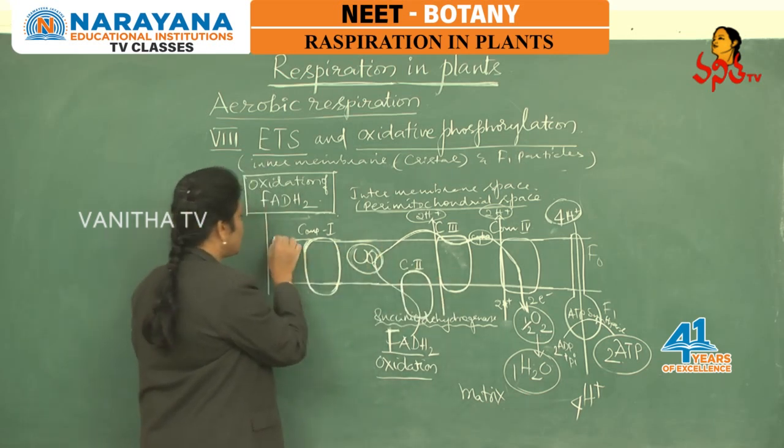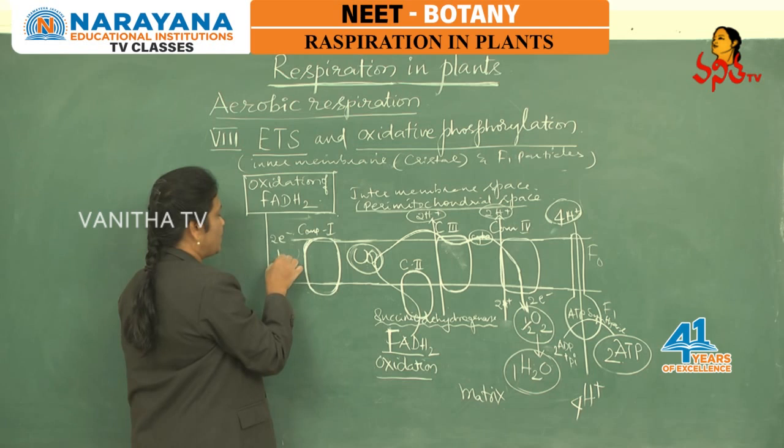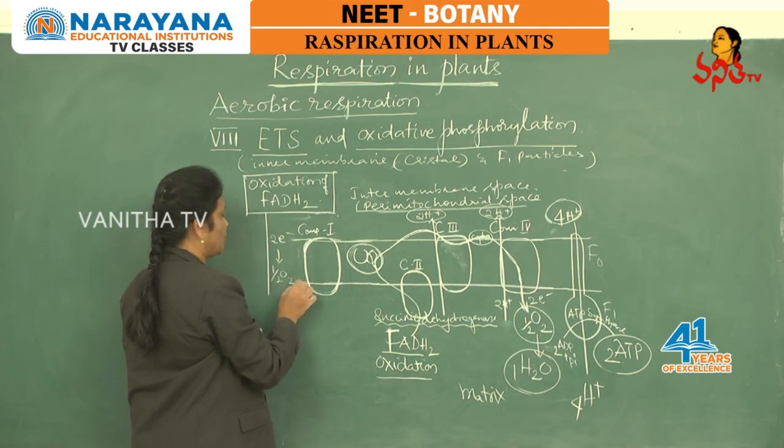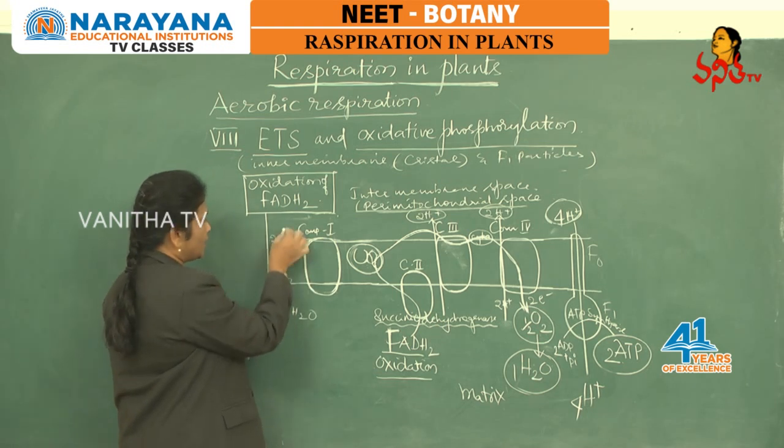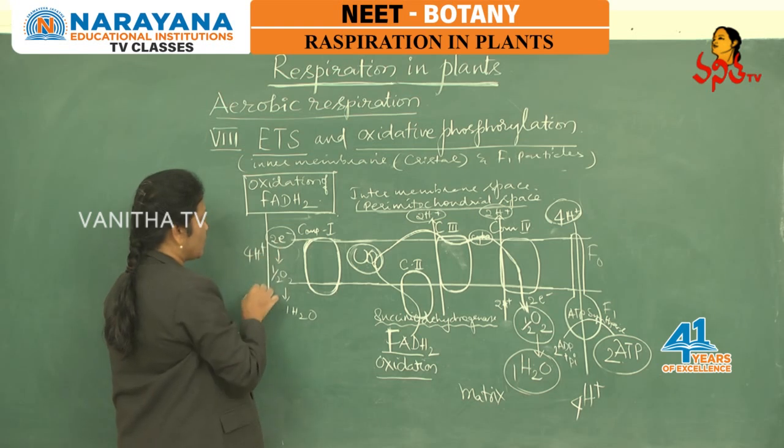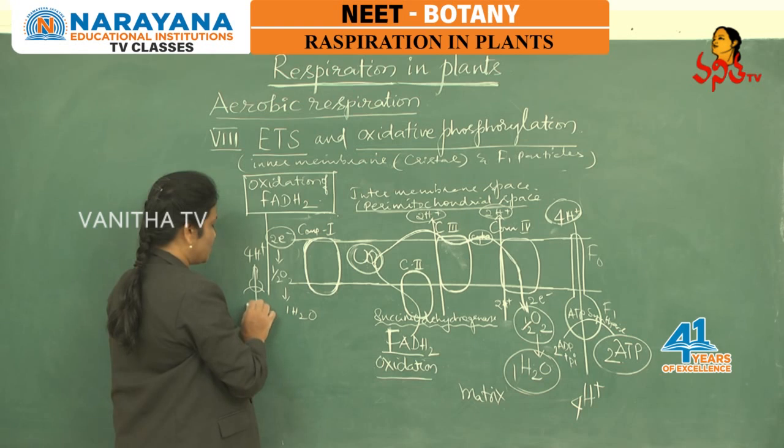Finally those 2 electrons are received by half oxygen molecule and form one water molecule as byproduct, but that electron transport of 2 electrons causes 4 protons to be channeled through the coupling factor and causes the synthesis of 2 ATP molecules.